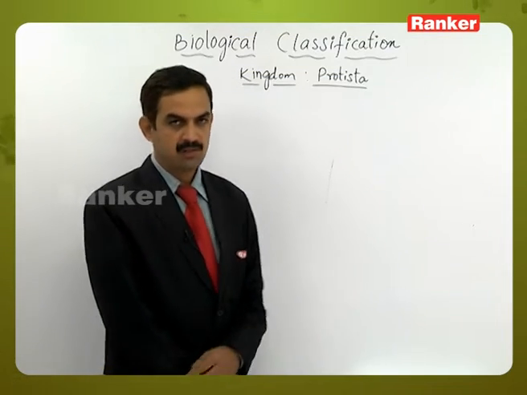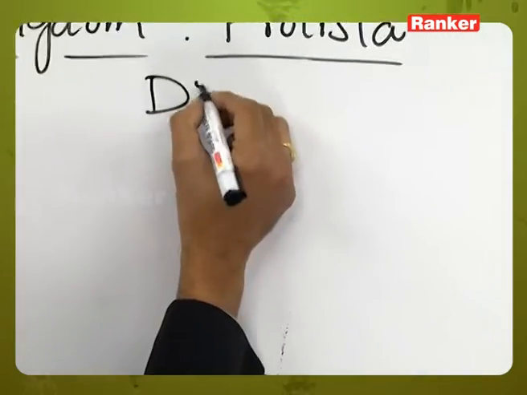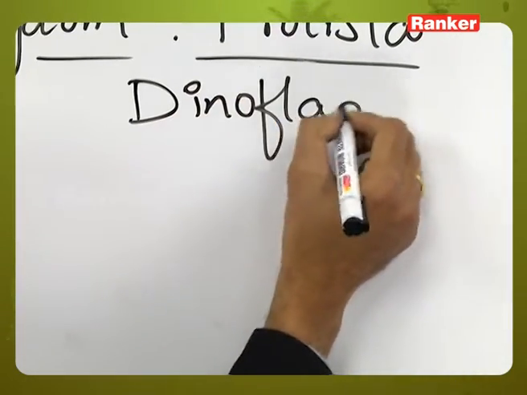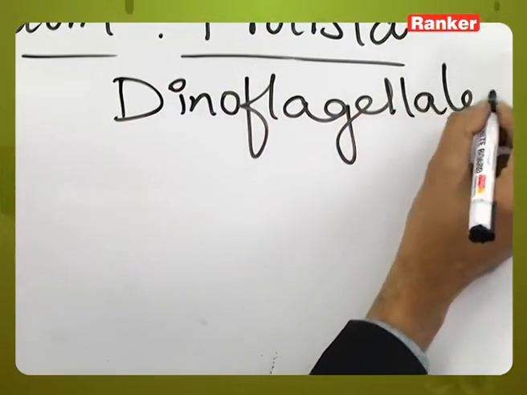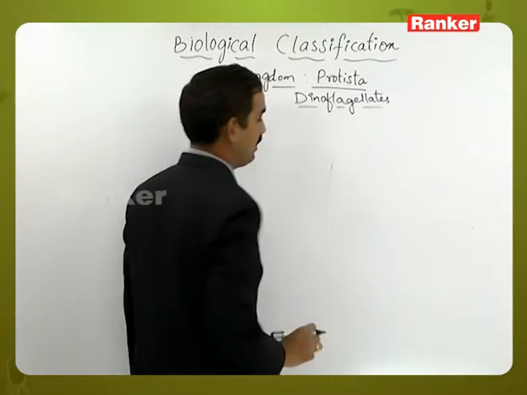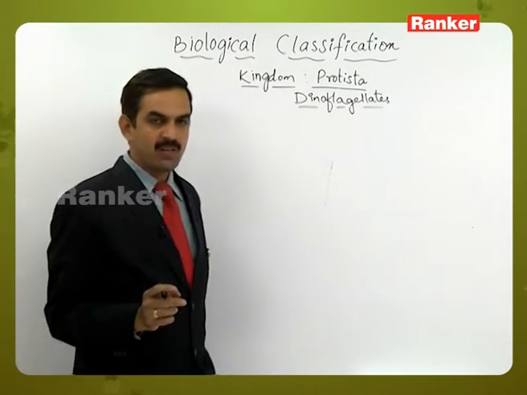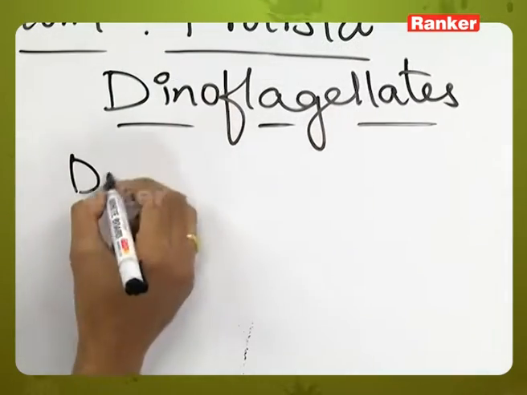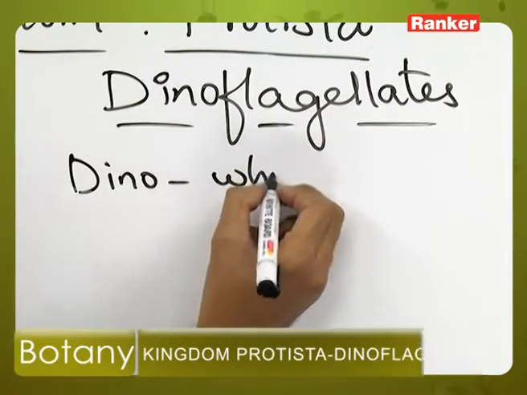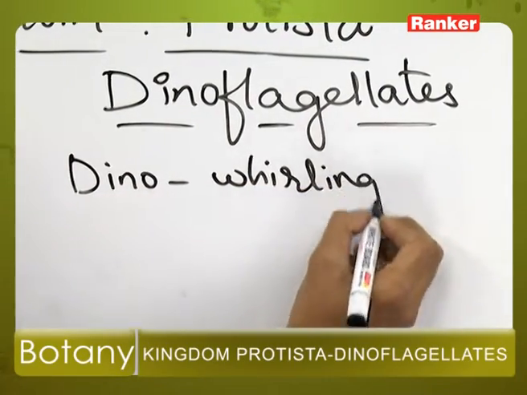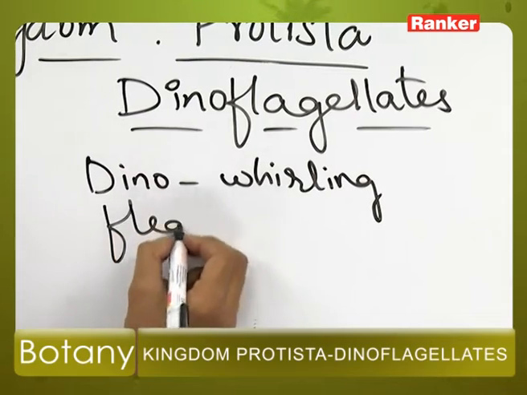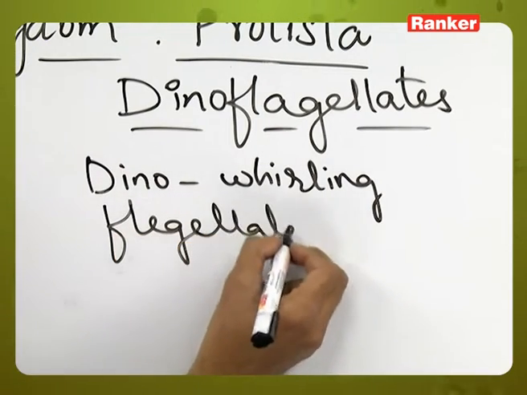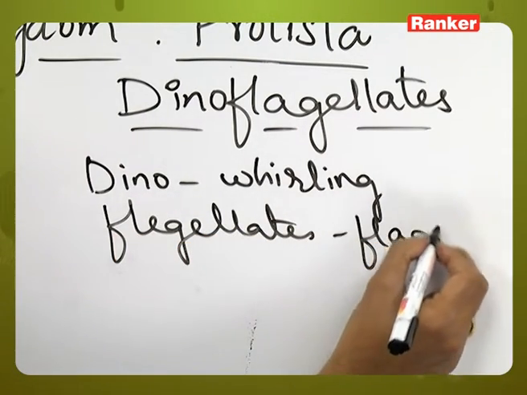So in the algal protists, the first one are the dinoflagellates. The name dinoflagellates was given because of their specific character, that is, dino means whirling and flagellate means having flagella.